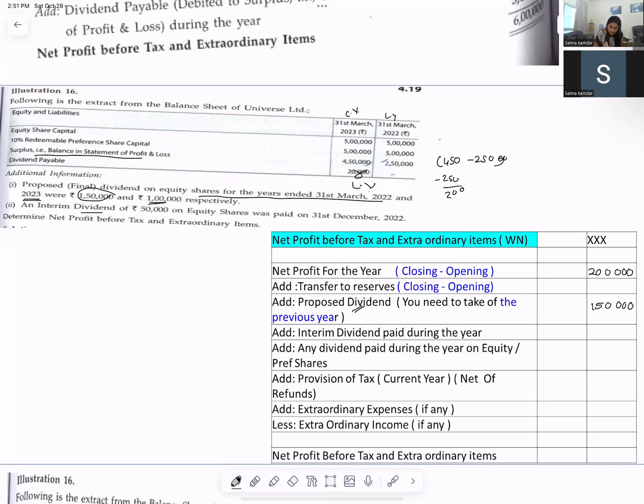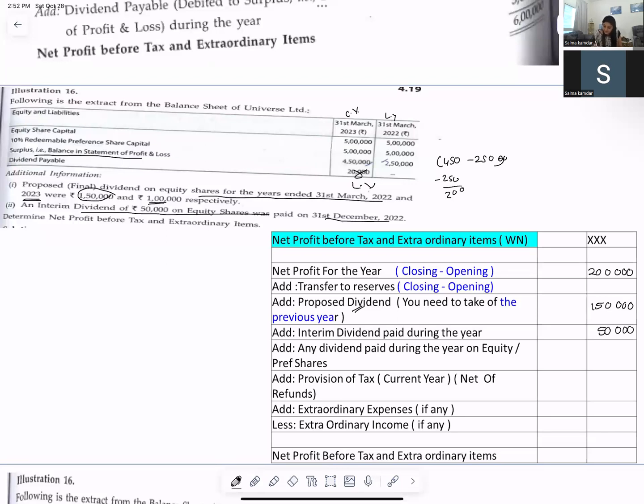An interim dividend of 50,000 was paid on 31st December 2022. So you have interim dividend 50,000 that was paid. So I will add back 50,000.